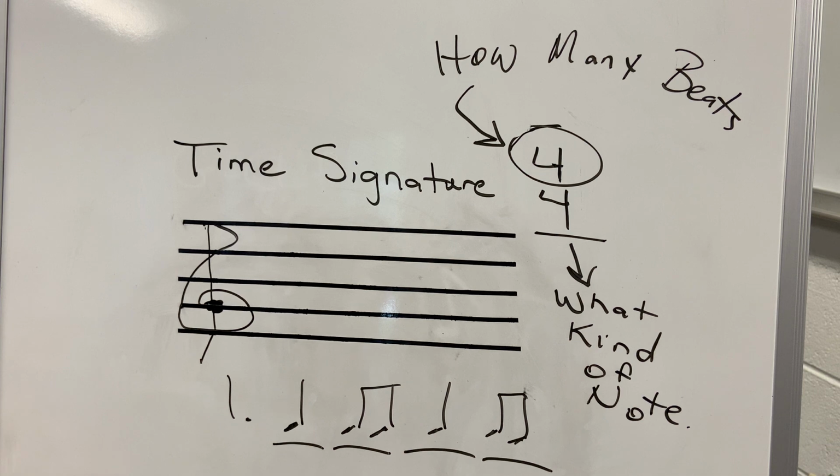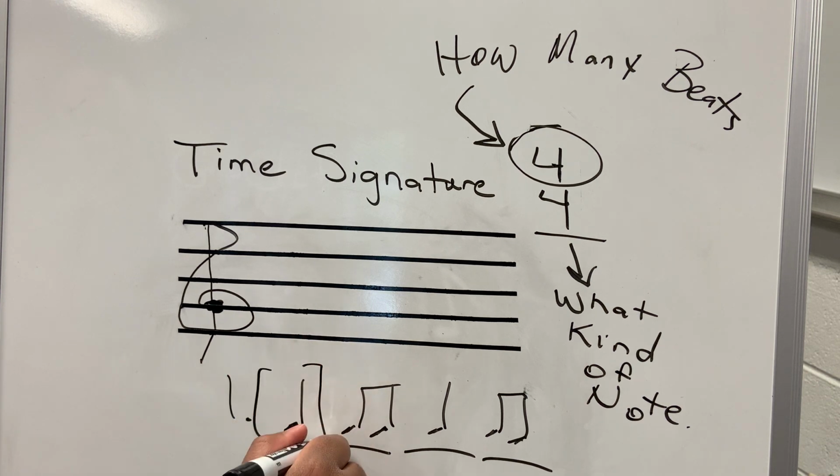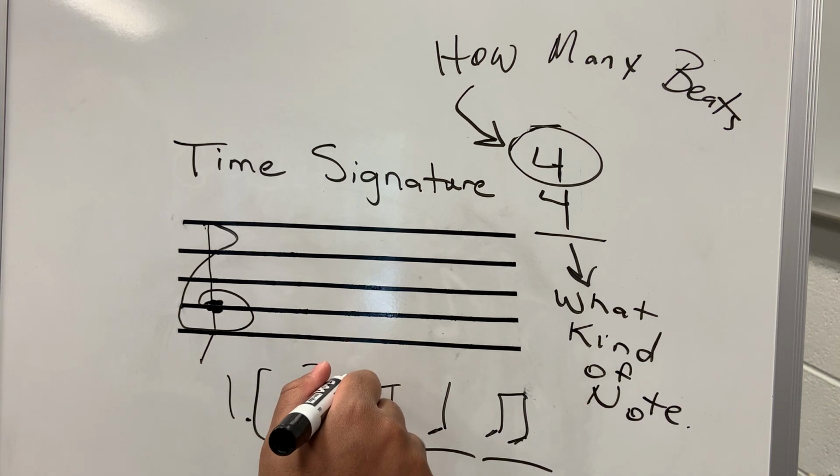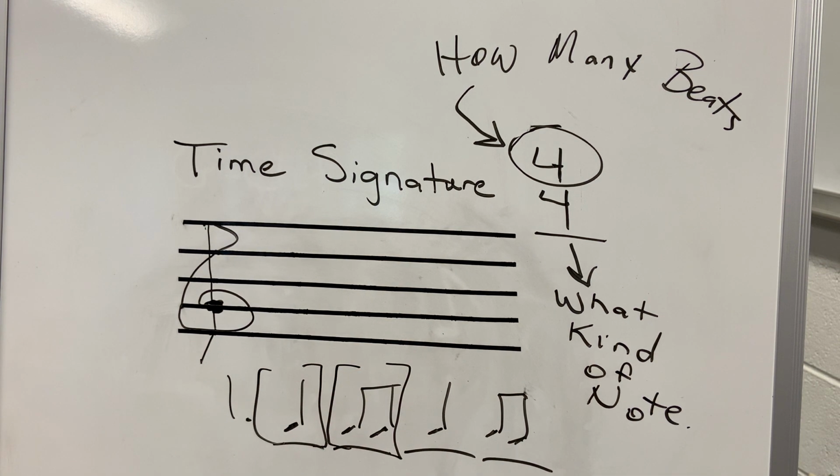Now, what some of you are probably thinking is that, well, Mr. Burton, I see 2 notes right here, but you're saying that's also a group. That's because it is. Because this group and this group, it costs the same. Okay?